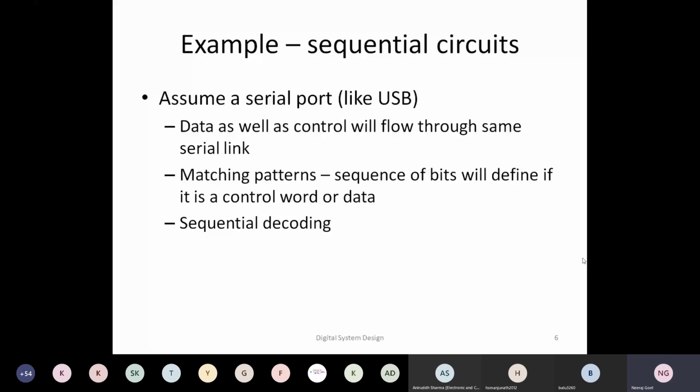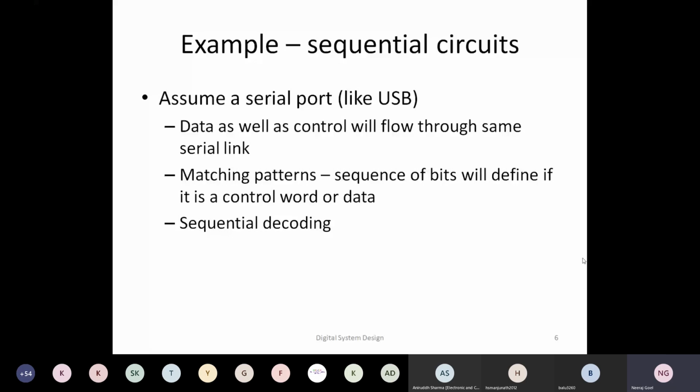Similarly, you also try to decode things as it goes on. Initially, you will try to identify patterns, and after identifying those patterns, as soon as the inputs come, you'll decode them and say that this is what it means. So this is one example of sequential systems, and a very practical one.